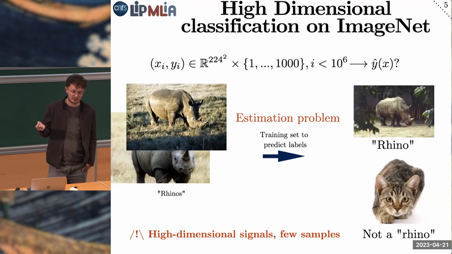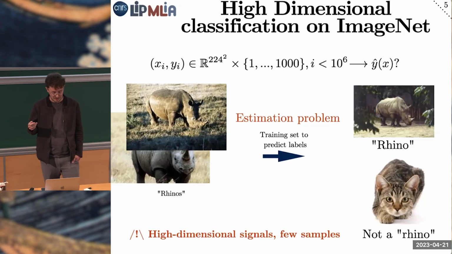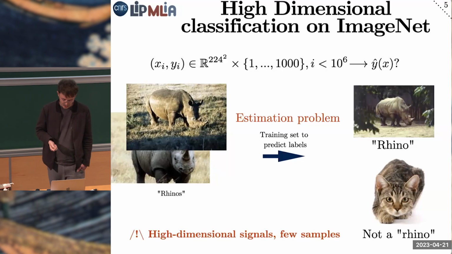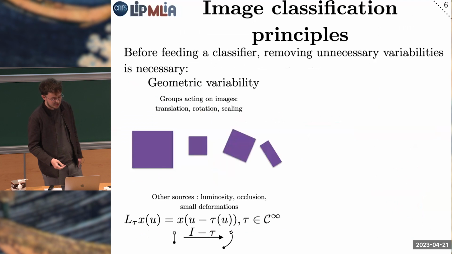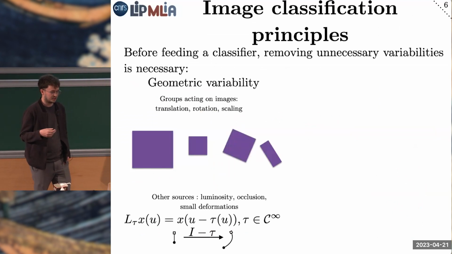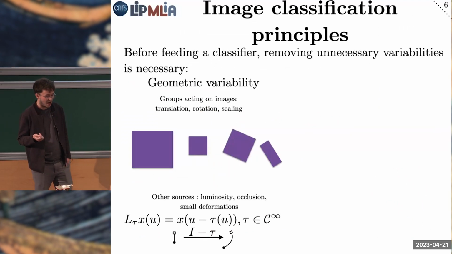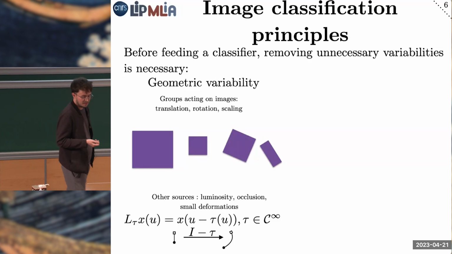So if you think about it, when you're solving a deep learning task, you're doing something which is quite extraordinary, in particular for image classification. However, we tried to put some principles on those ideas from image classification.